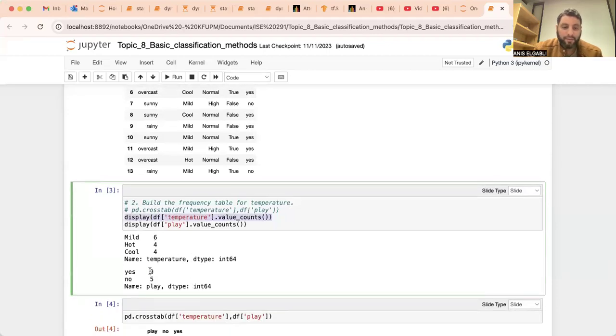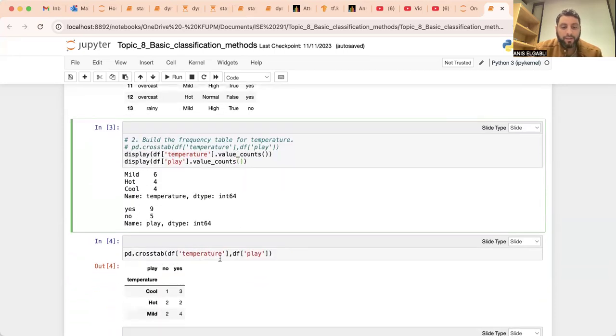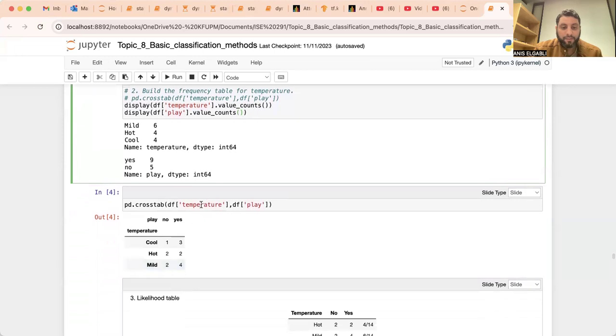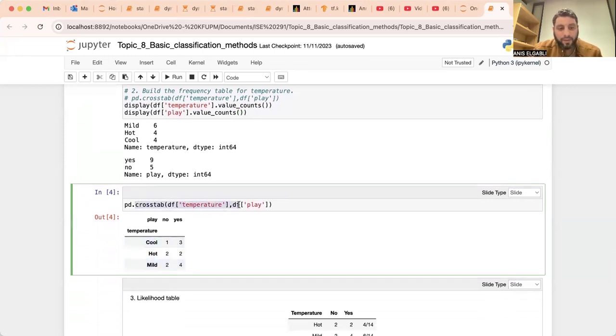Same for the target variable. We run value counts, so we have yes and no. Yes has occurred 9 times, and no has occurred 5 times. Let's look at the cross table between these two. We call the function crosstab, and we pass temperature as the rows and play as the columns. This is what we get.